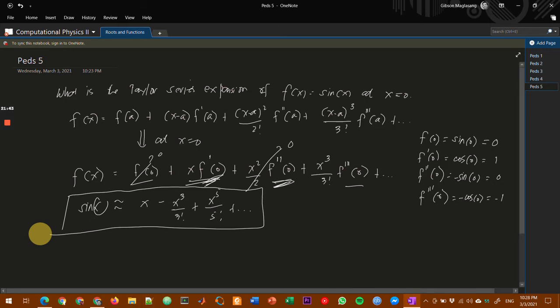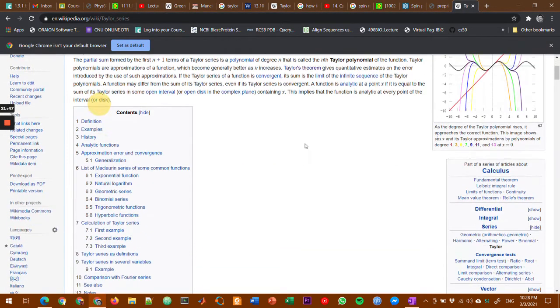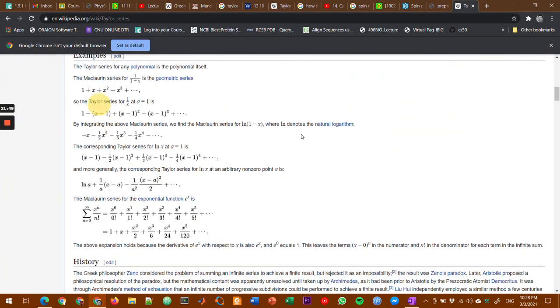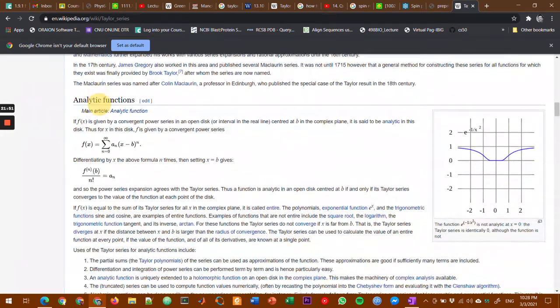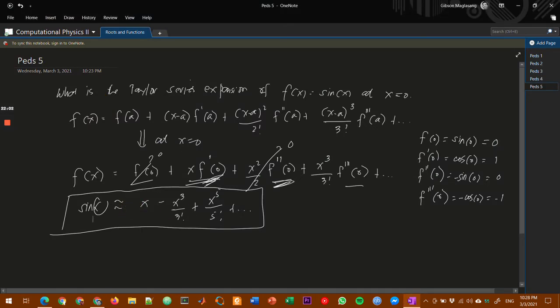If you search the internet for Taylor series, you will see at the bottom that this is the sine expansion. Take a look at sine x. You have x minus x cubed plus x to the 5 minus, that's actually what we get. So that's how powerful the Taylor series expansion is.